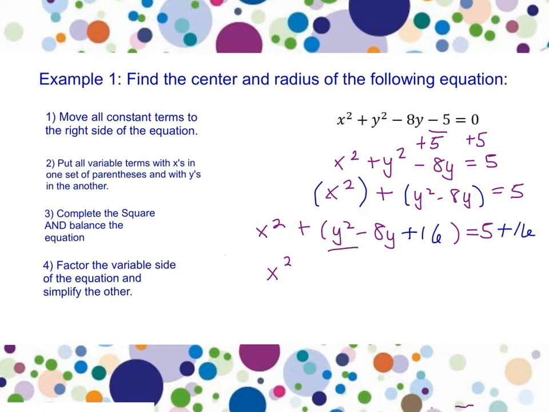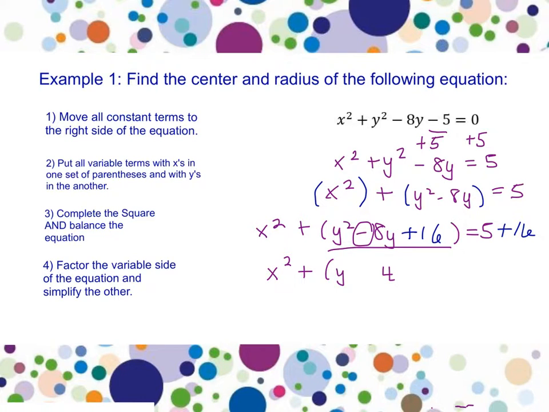But when we get to this expression, we do need to factor this, and we just use the rules of factoring a perfect square trinomial. So we know that we can take the square root of the first term, which is y, the square root of the last term, the square root of 16, which is 4, and then the sign of this middle term.